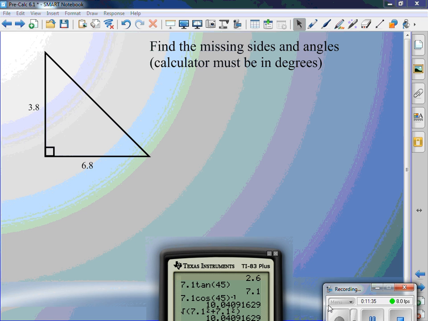One last problem. We want to find the missing sides and the missing angles. We know this one's 90, so we need to find A, B, and C. Can't be 45. Why not? Sides aren't the same here.